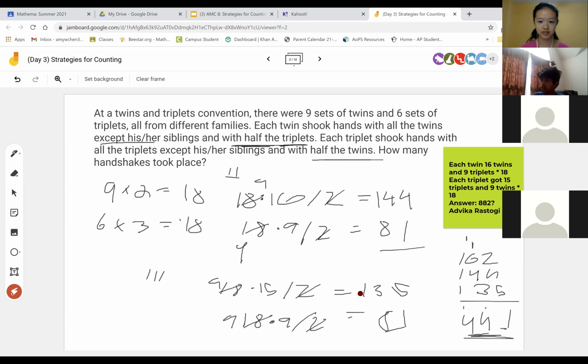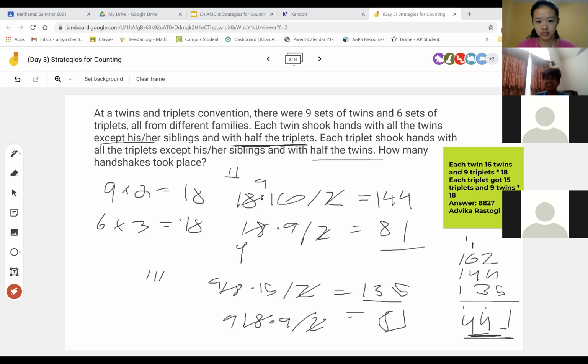There are 18 triplets, and they can't shake hands with the other twins or their siblings. They have 2 siblings, so they can only shake hands with 15 other people in their triplet group. So 15 people, right? And there are 18 total. So it'd be 18 times 15, but then we have to divide by 2 to get rid of the duplication, and we get 135. Now, why did you do 18 times 16 again?